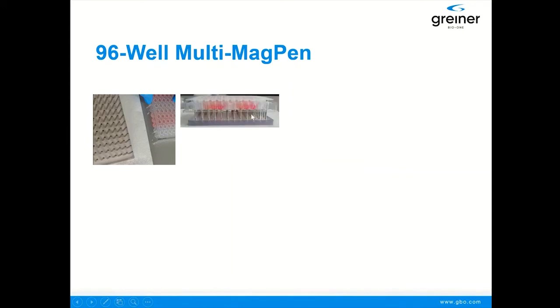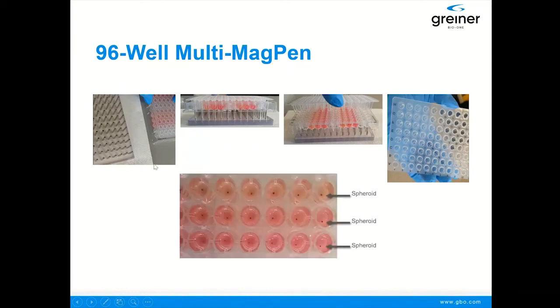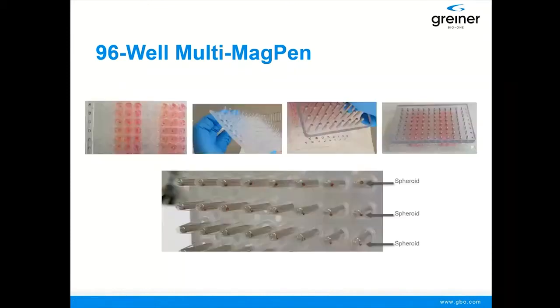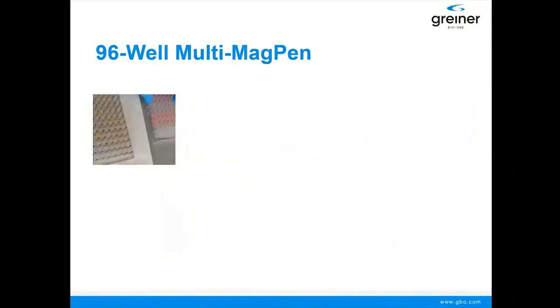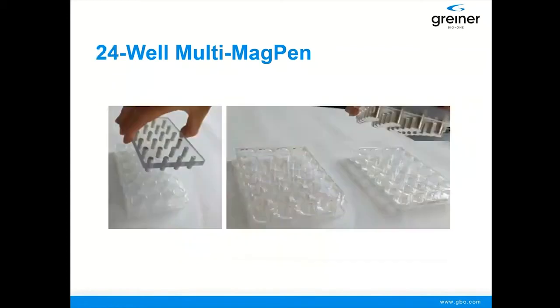With the magnet on the bottom, you are able to pull the spheroids off the plate. And as you see, all the spheroids were transferred. So we started with the spheroids on the magnet, and you transfer all of them to a new plate. So again, that's a very nice tool, and you can very gently pick up and transfer the spheroids.